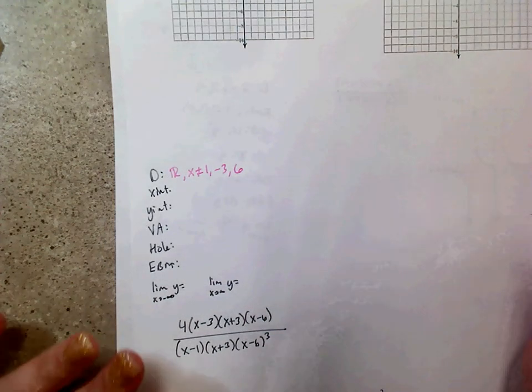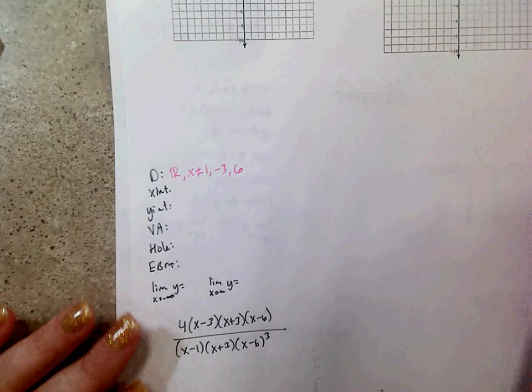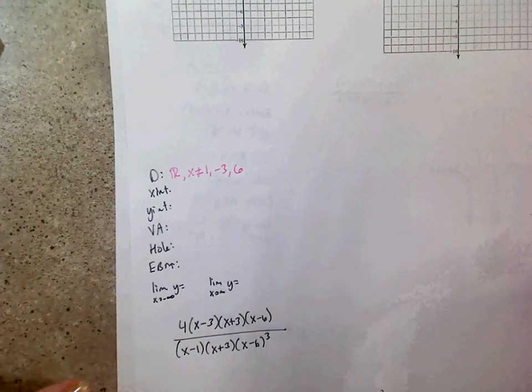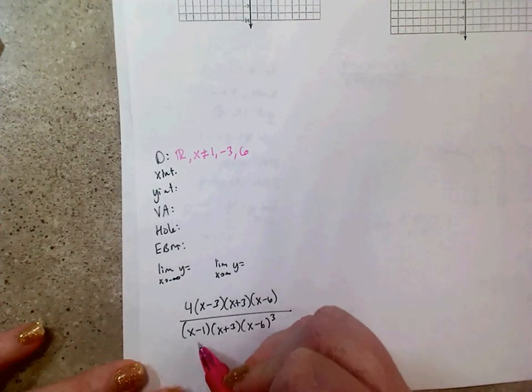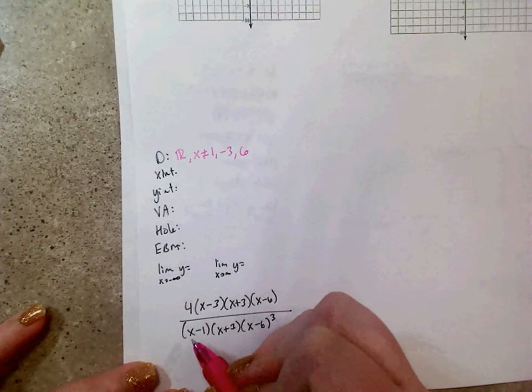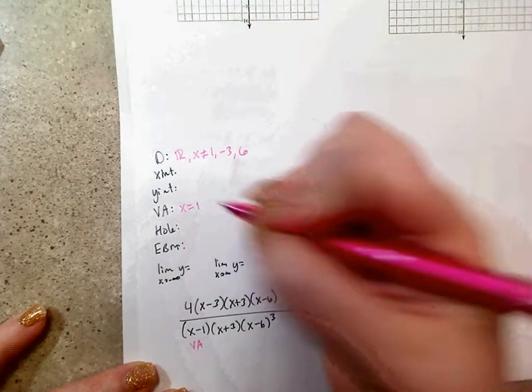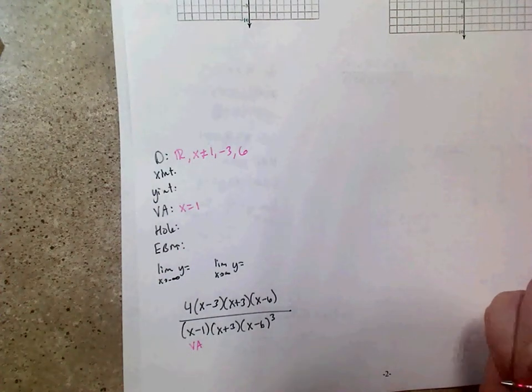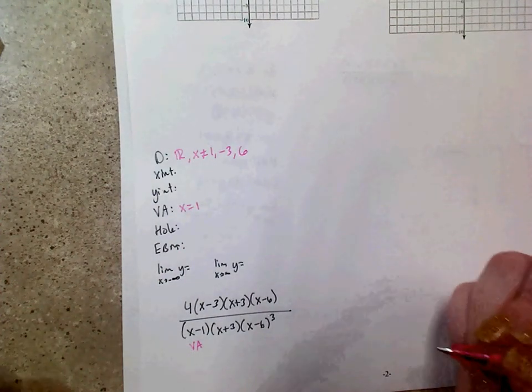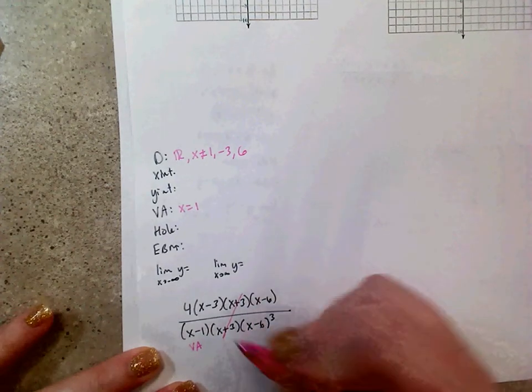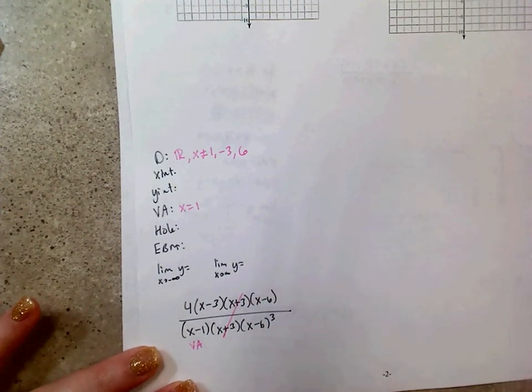Okay? Now let's actually talk about what happens at these numbers. With x minus 1 being only in the denominator, that means it has to be a vertical asymptote. So I have a vertical asymptote at x equals 1. With x plus 3 being in both the numerator and denominator, and there's only 1 in both the top and the bottom, there's nothing left over, that is definitely a hole in the graph.